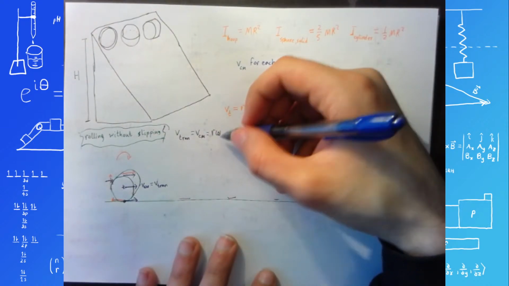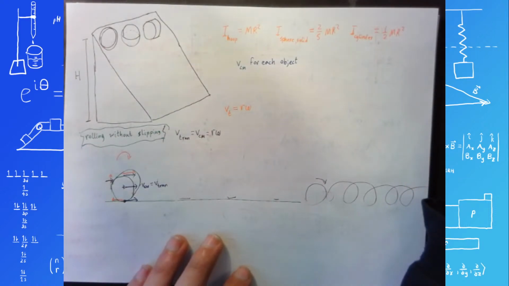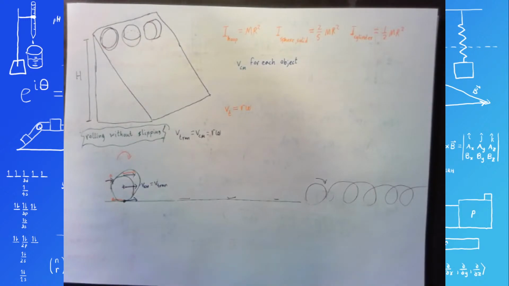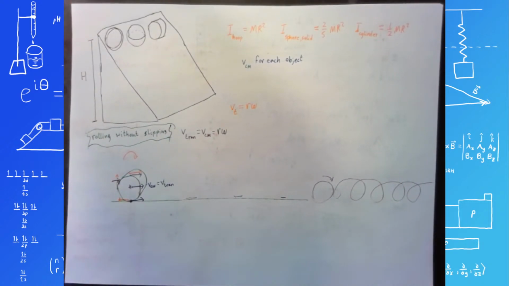It is just going to be R times omega for each object. Well, I didn't really give you the masses of any of the objects or their radii. Guess what that means? They are not going to matter. Once we do the math, we're going to see that all of that stuff cancels out.